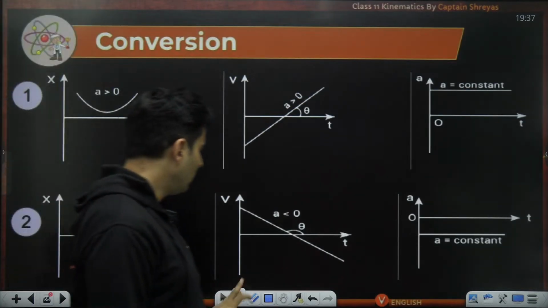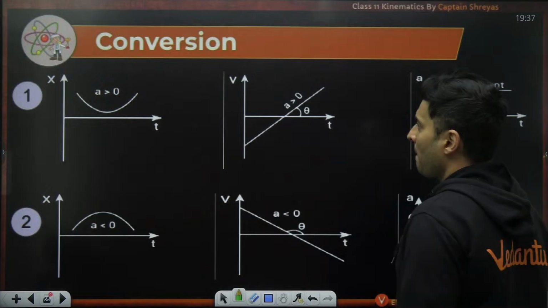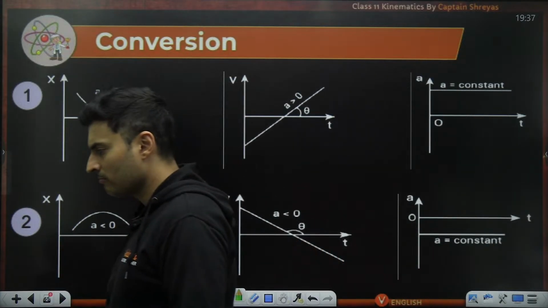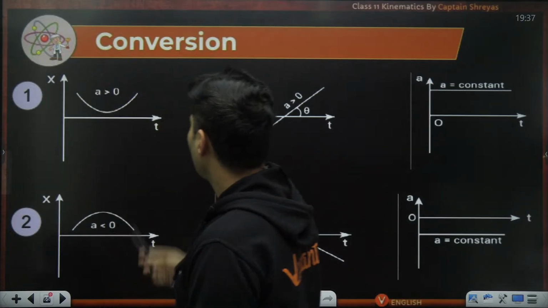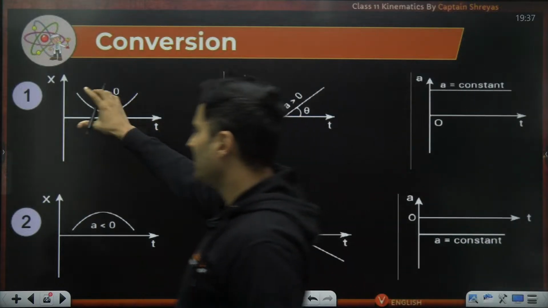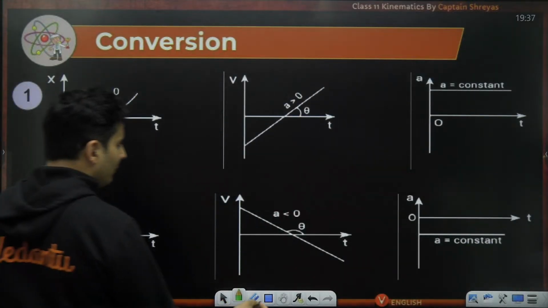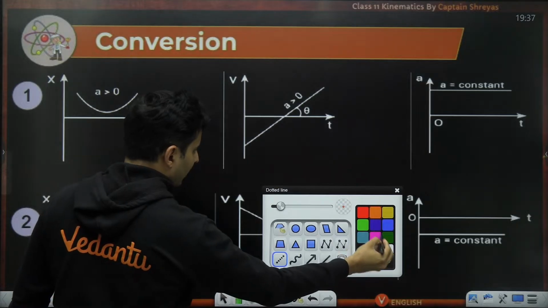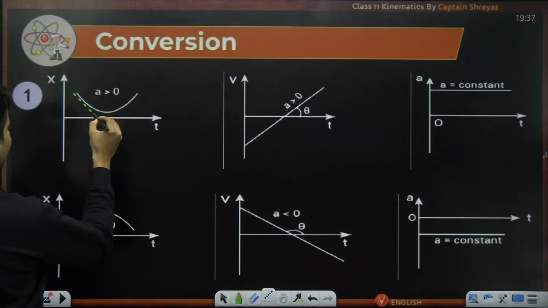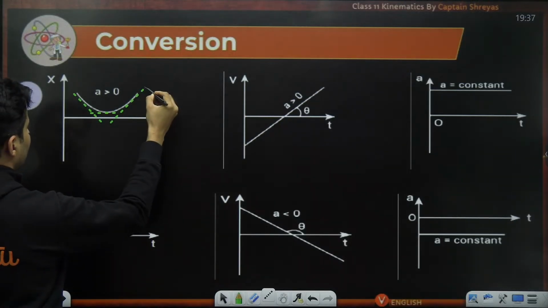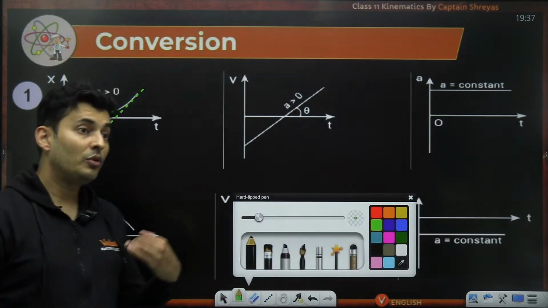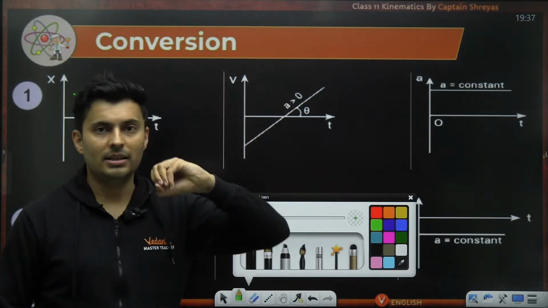Okay. Now observe this carefully, guys. Here I am putting different varieties of position, velocity, and acceleration. Look at this first graph. If you draw a tangent over here, that tangent goes down, then the tangent becomes 0, then the tangent goes up. This is position time. So the tangent for position gives me velocity.